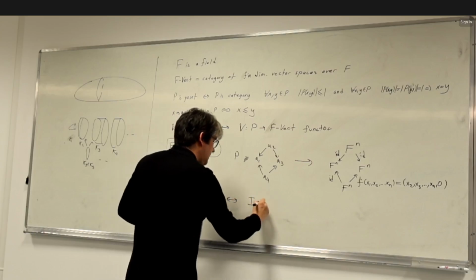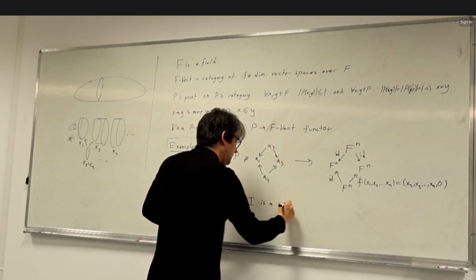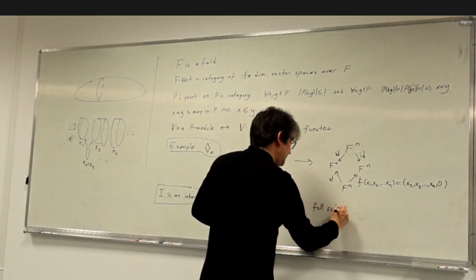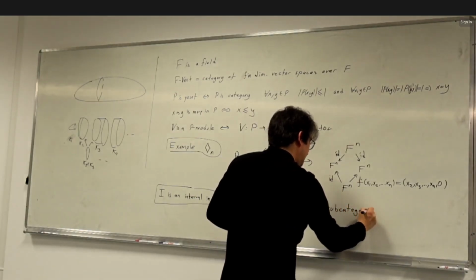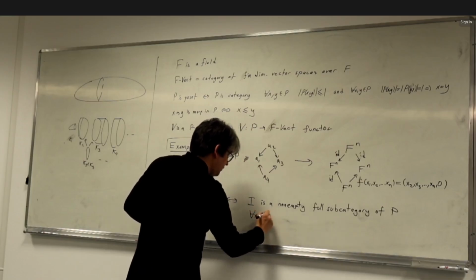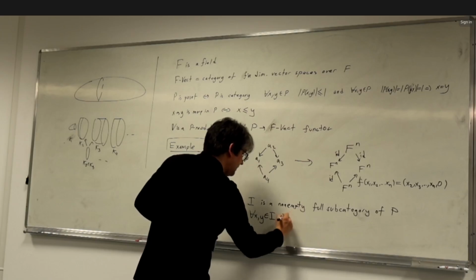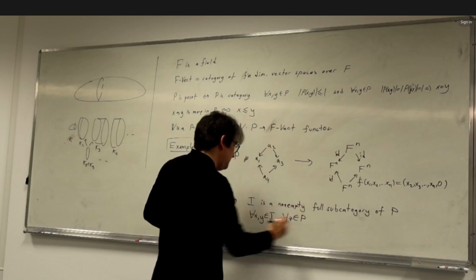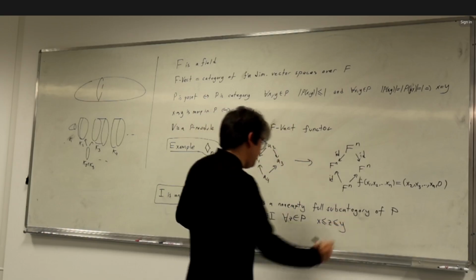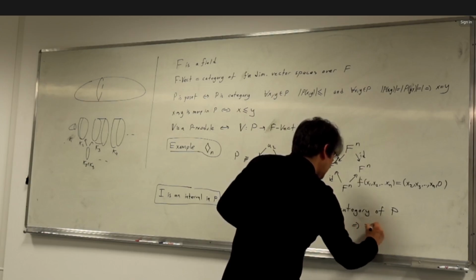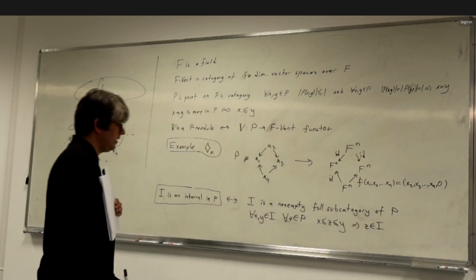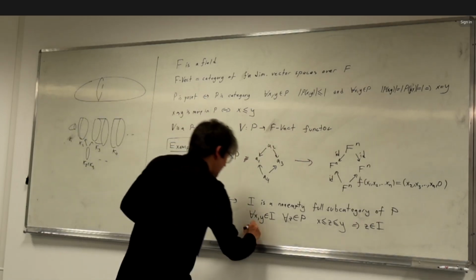This means I is a non-empty full subcategory of P. And then given any two elements X and Y in I and given an object Z in P, if Z is in between X and Y, then Z is also in this interval category, and I is connected.